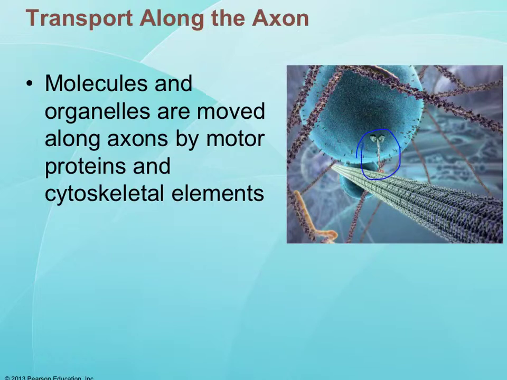Here's cargo protein, carry a big cargo, and they will just walk along the track here to a certain direction. So those molecules and organelles are moved along those axons by the motor protein, which is this small carrier here, and also the element of the cytoskeleton, which is this big microtubule.